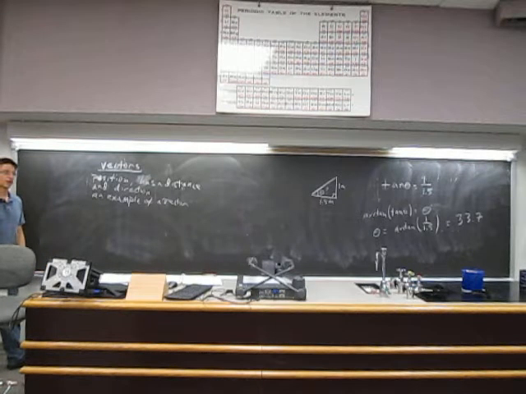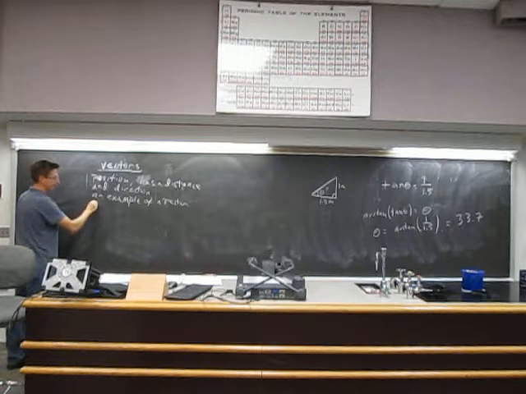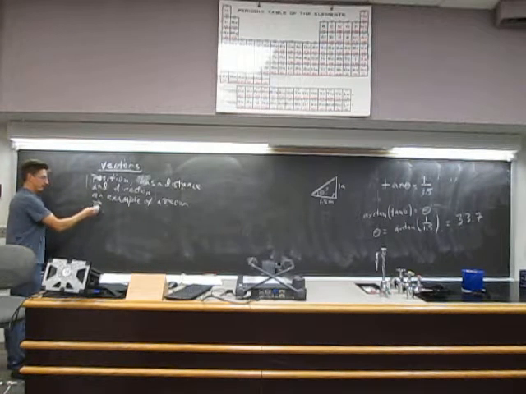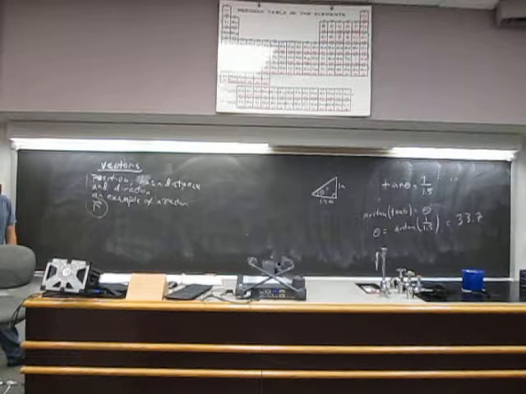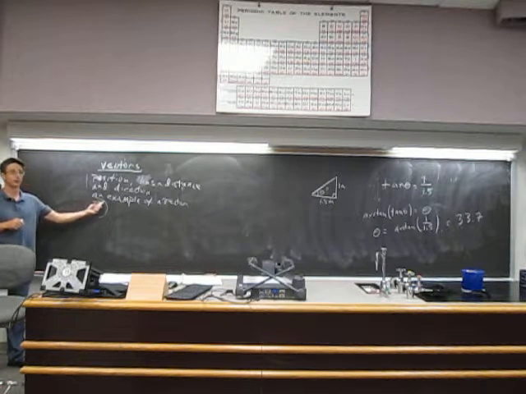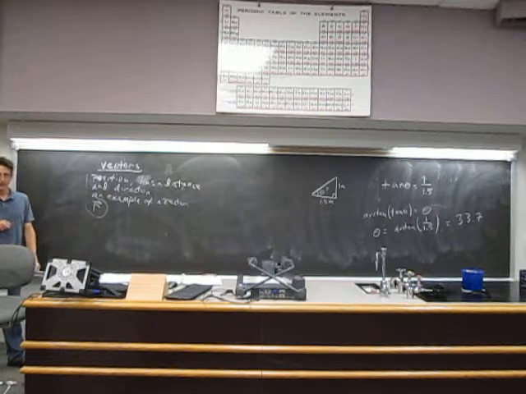So for instance, I'll write the position of something as a vector R. To distinguish it from quantities that are not vectors, I write a little arrow like this over it. That's just an example of a vector.